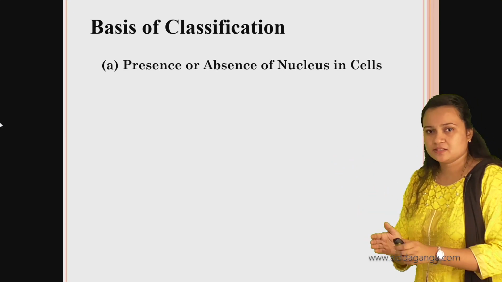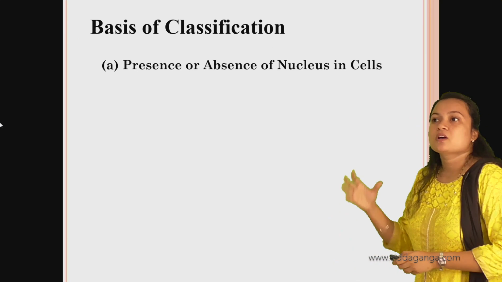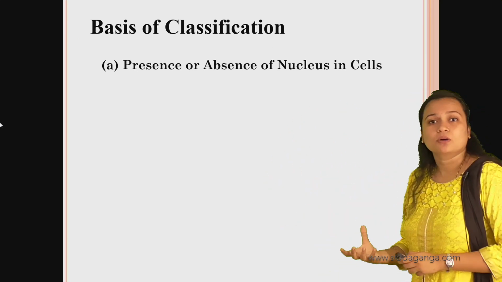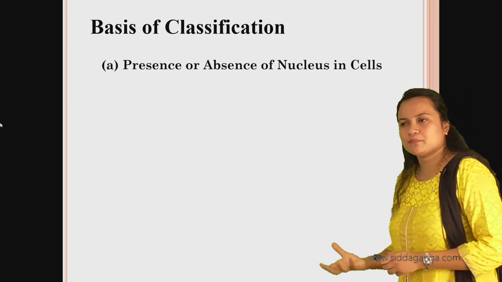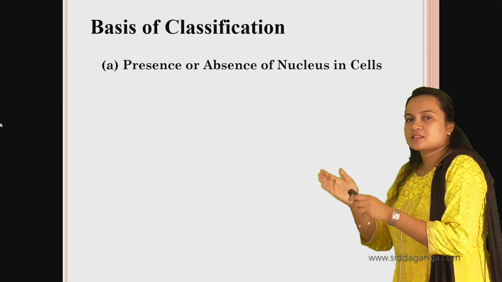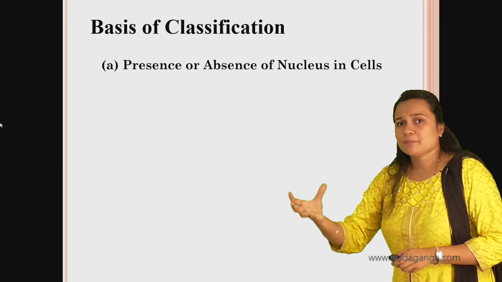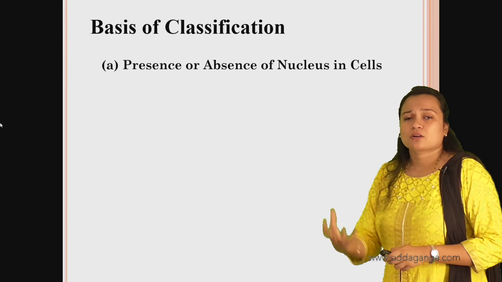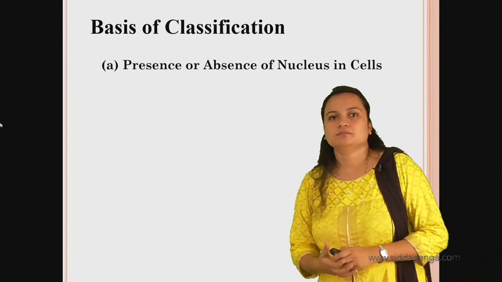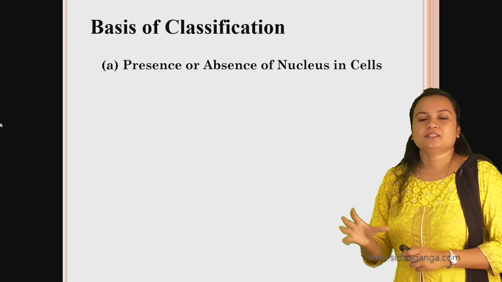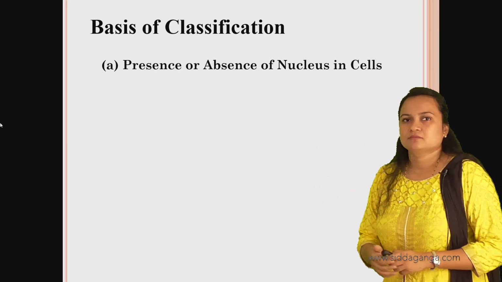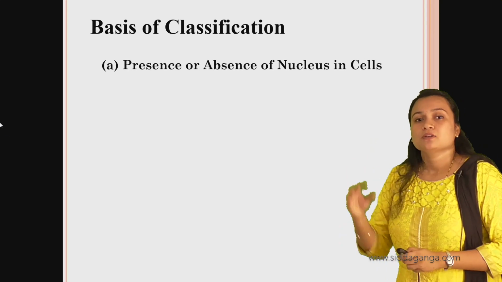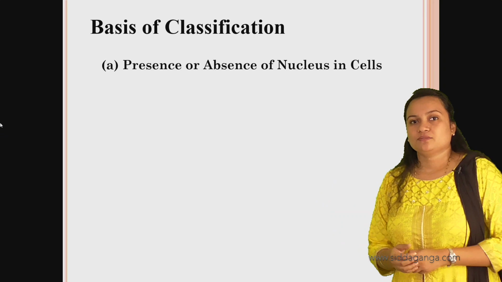That means the nuclear membrane, the outer covering, or else whether the cell contains membranes for its apparatus. Cells have different apparatus like mitochondria, Golgi complex, endoplasmic reticulum. Does this apparatus have a membrane, and does the nucleus have a membrane, right? Based on that we can classify the organisms.